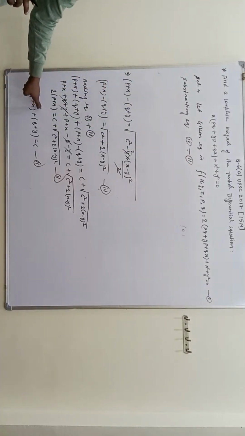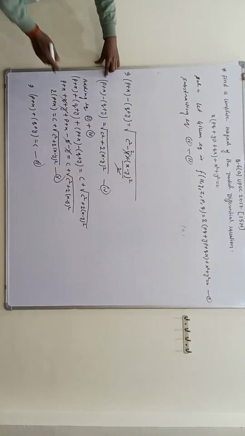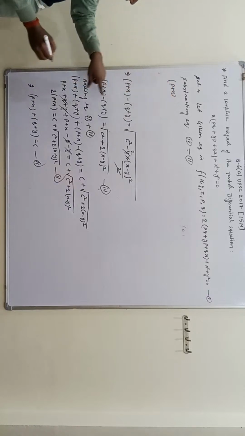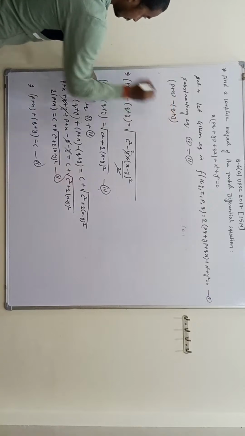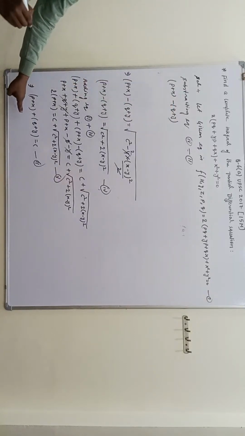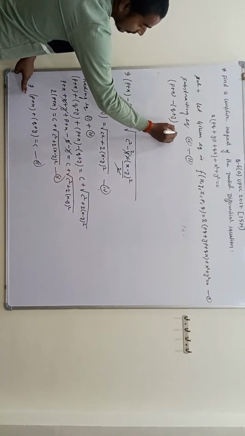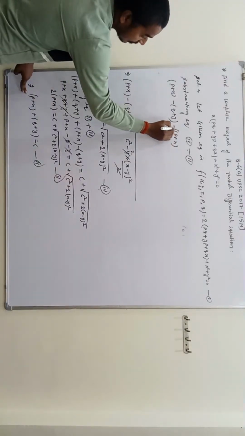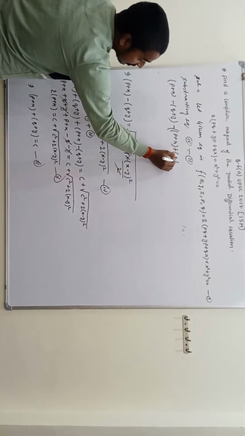Subtracting left hand side from left hand side and right hand side from right hand side. We have to subtract (p plus x) minus (q plus y), and the left hand side of equation 2 is (p plus x) plus (q plus y).